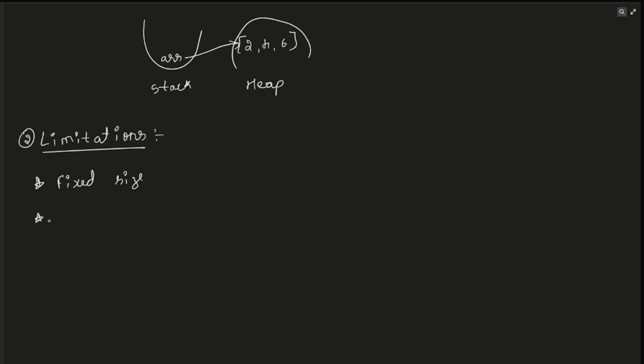And the second limitation is it's not easy to insert and delete elements from the array. As we have seen in our previous videos, it's very hard to delete an element from the first index, or it's very hard to insert an element at the first index. Cannot easily insert or delete.